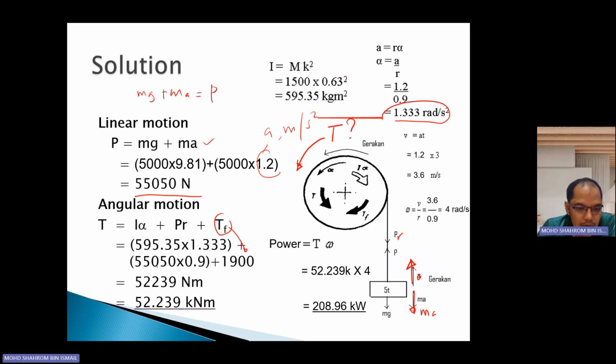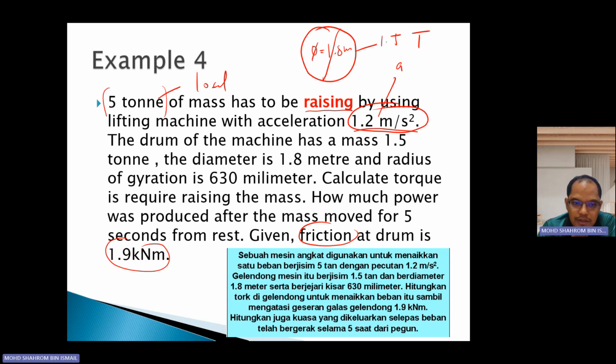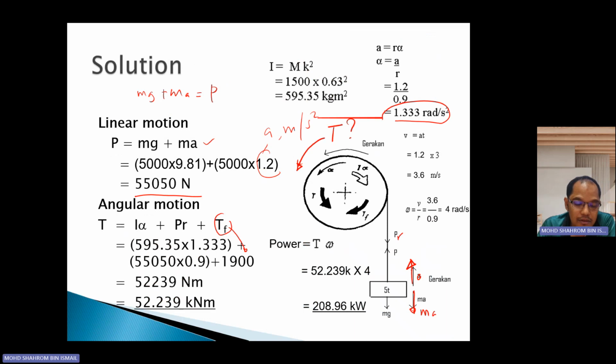The P load is multiplied by radius 0.9. Why 0.9? Since the diameter of the drum is 1.8 meter, you divide it by 2, then you get 0.9.